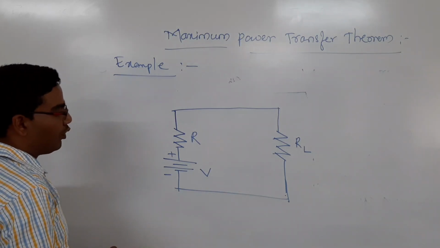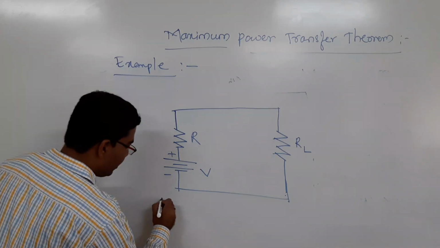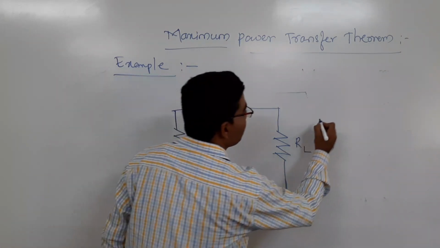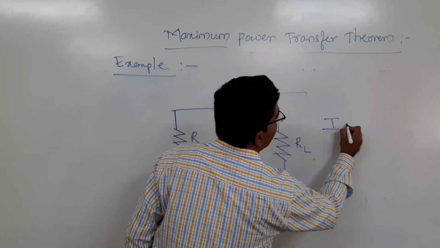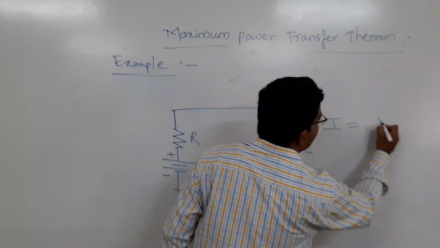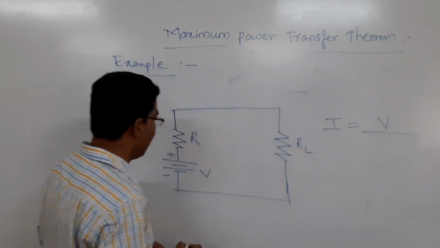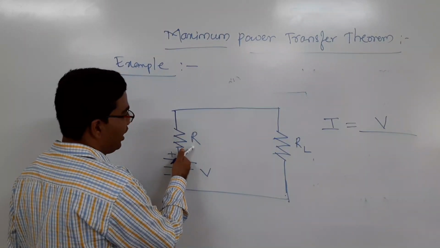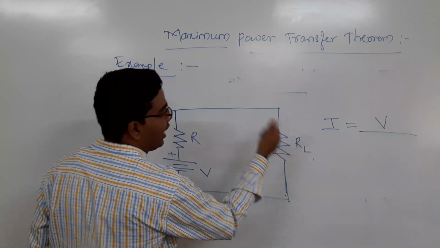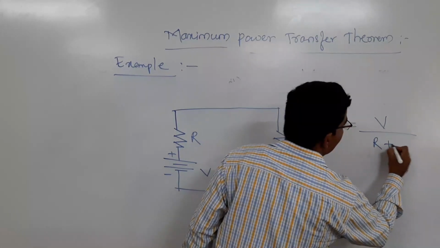What is the formula for current? I equals V by R plus RL, where V means voltage.